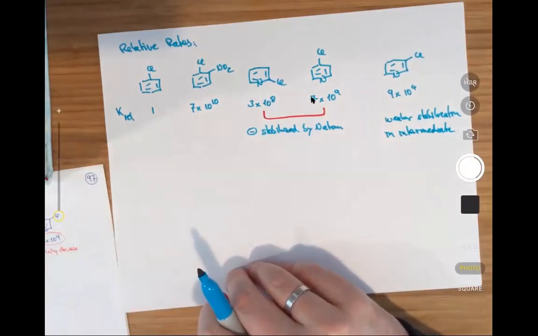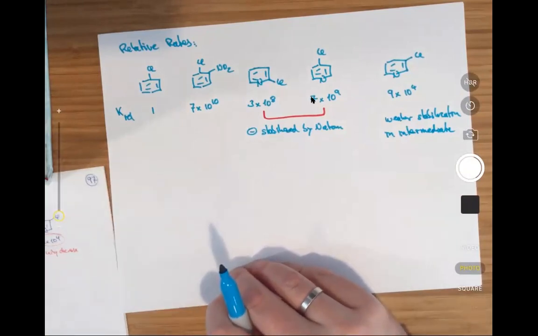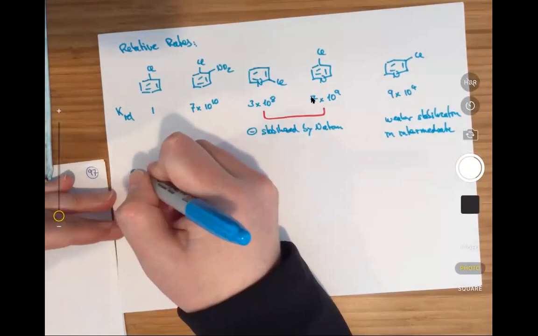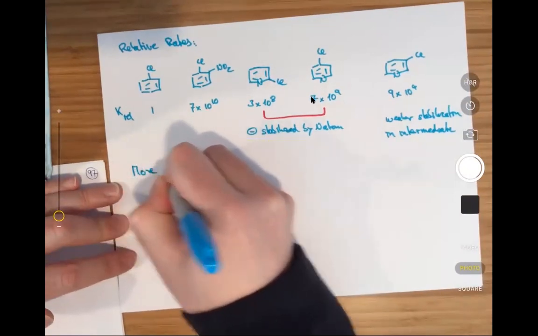Now, of course, you can push this even more if you make the aromatic ring even more electron poor. Let's call this just more nitrogens.